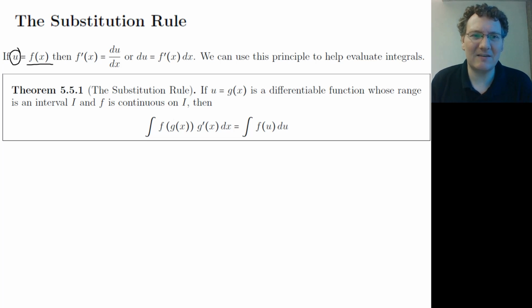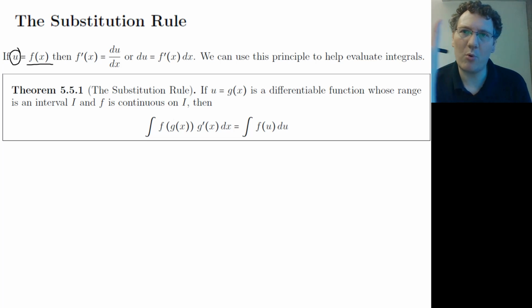The idea is, if you find some portion inside your integrand where it's useful to replace some little function of x with a u, we usually use u. So u is going to replace some little function of x.